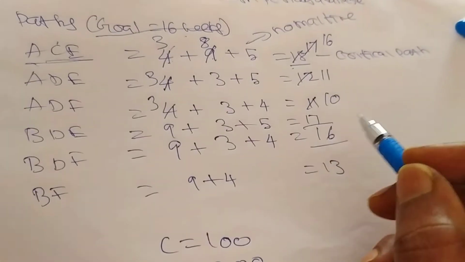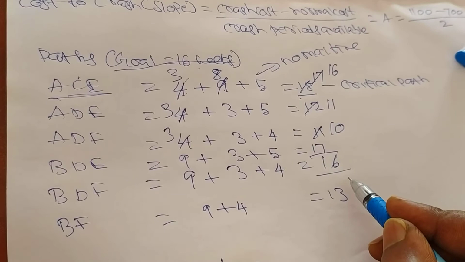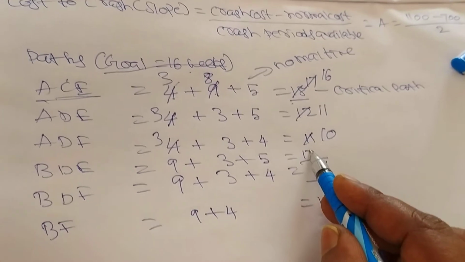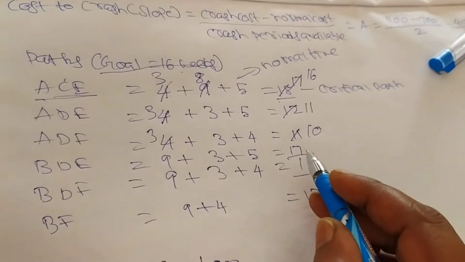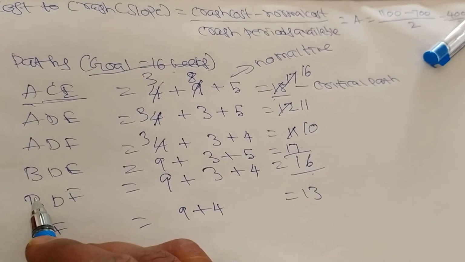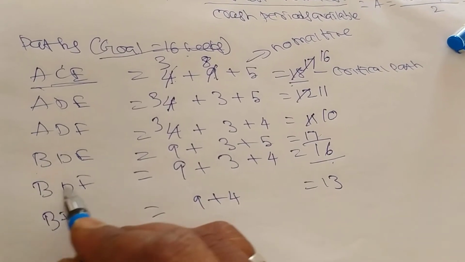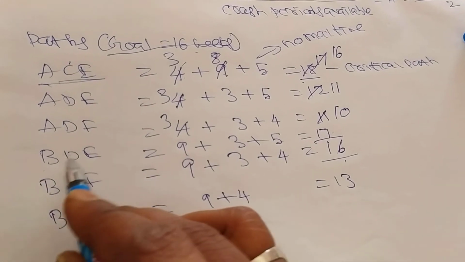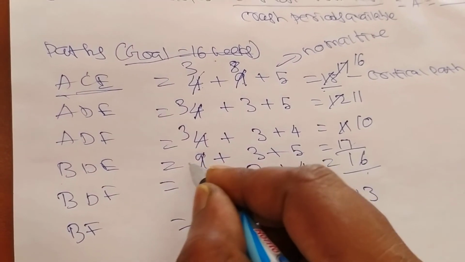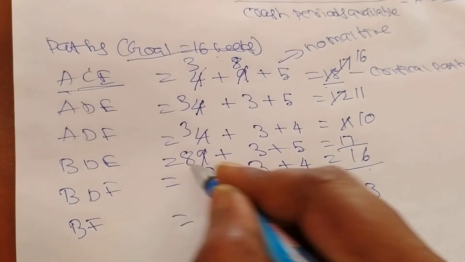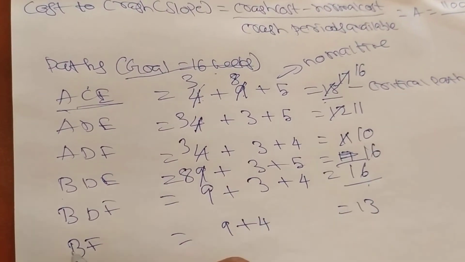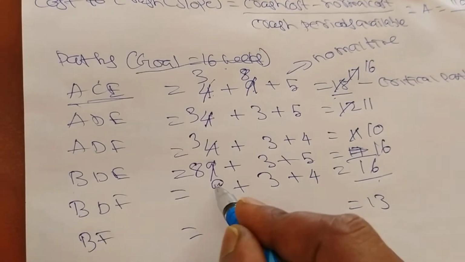Clear? Next, come to the paths where 16 is already there and 17 is there. Here BD is there, here BDF is there. Here we have to reduce B by 1, then 9 minus 1 equal to 8. Here also 16, so here also we have to reduce because B is there.